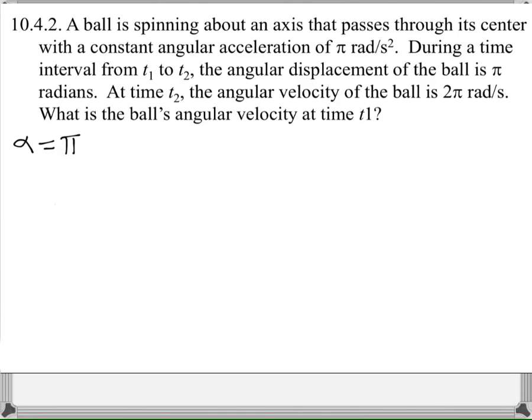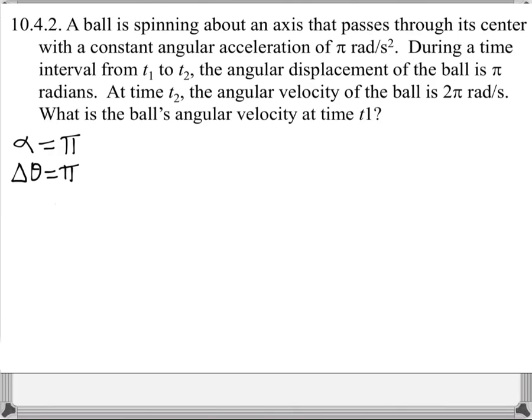And during a time interval from an initial time t1 to t2, a final time, the angular displacement is also given as pi radians. So delta theta is given. Again, it is pi, right?